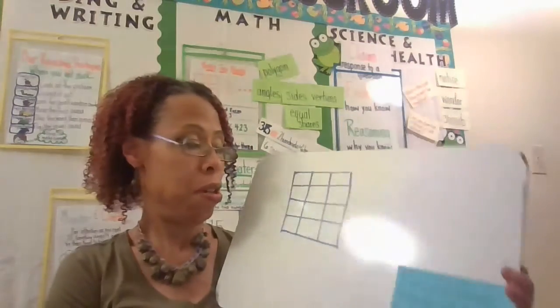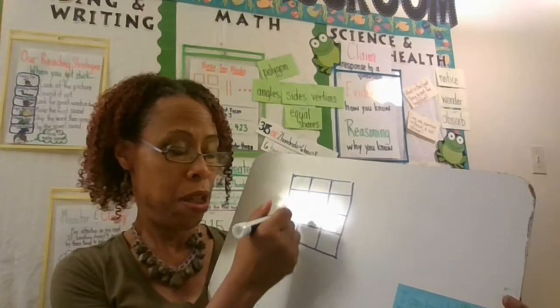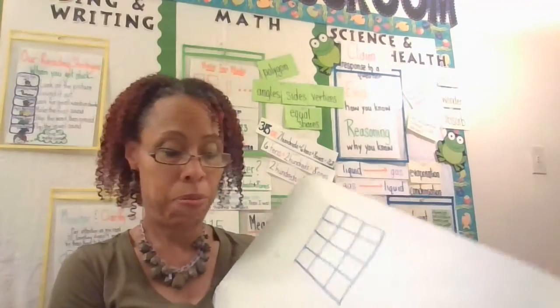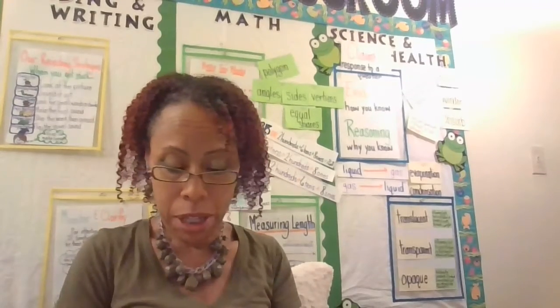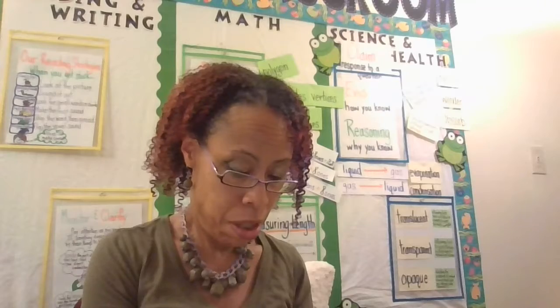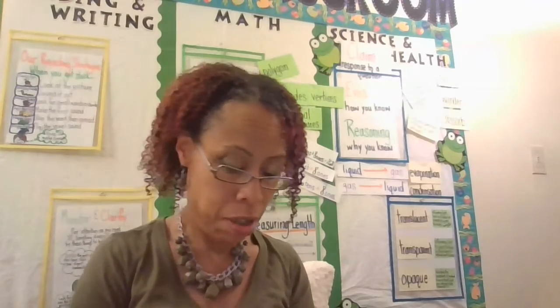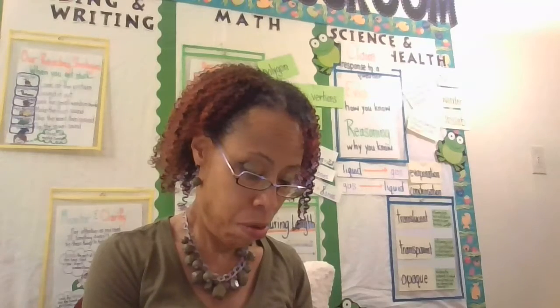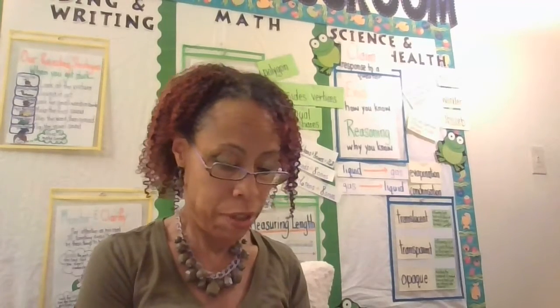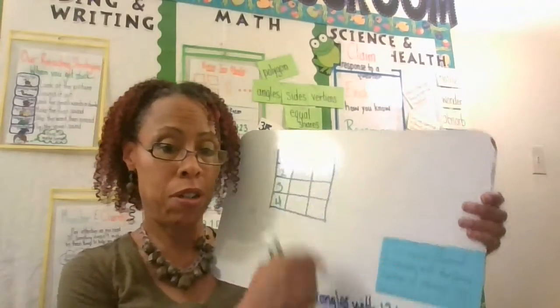So we have 3 in each row and 4 in each column. Let's label that: 3 in each row, 1, 2, 3, and 4 in each column, 1, 2, 3, 4. So let's take a look and see what that looks like.